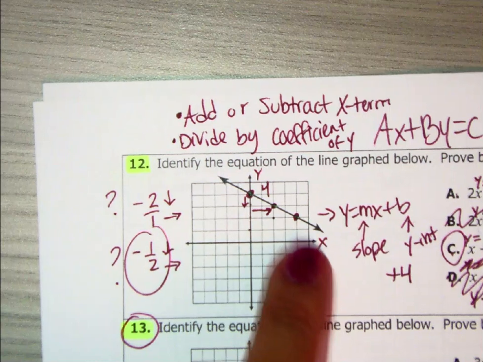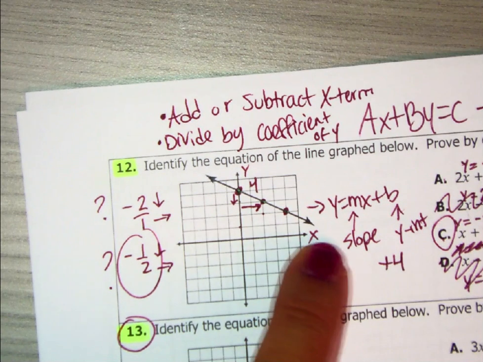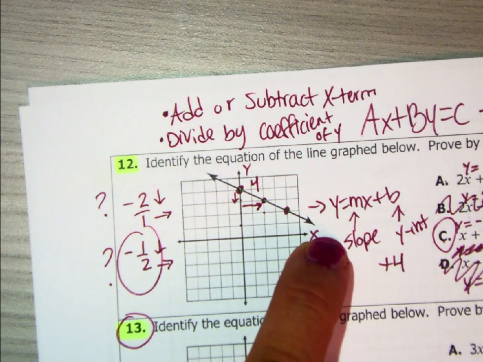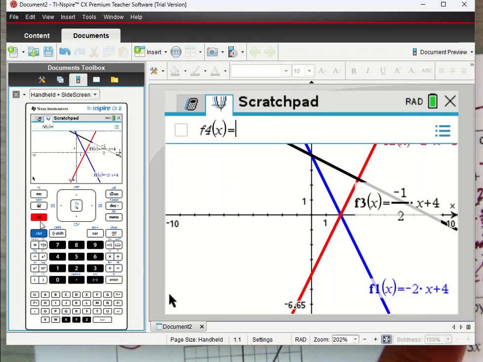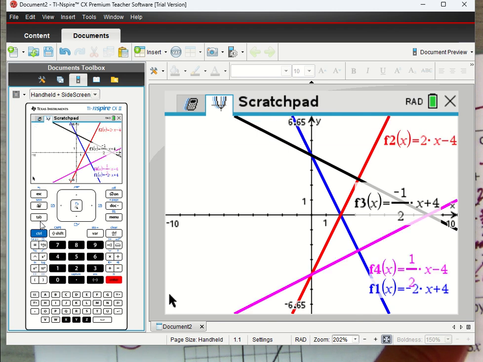Here we run out of space, but again, this one does go all the way over here, so it could be. And then the last one is y equals positive 1/2 x minus 4. So definitely this pink one is also a no. So the only one out of these 4 graphs is the black one.